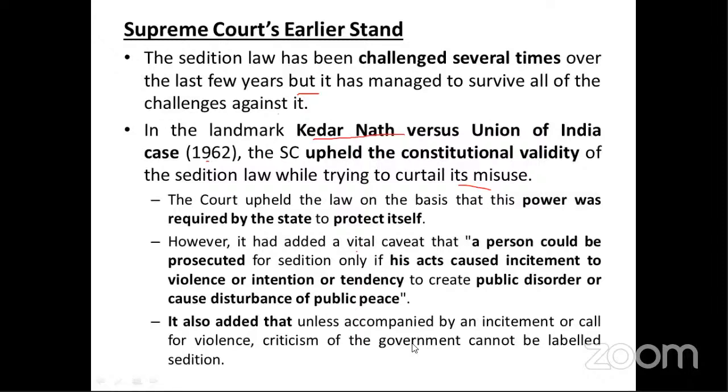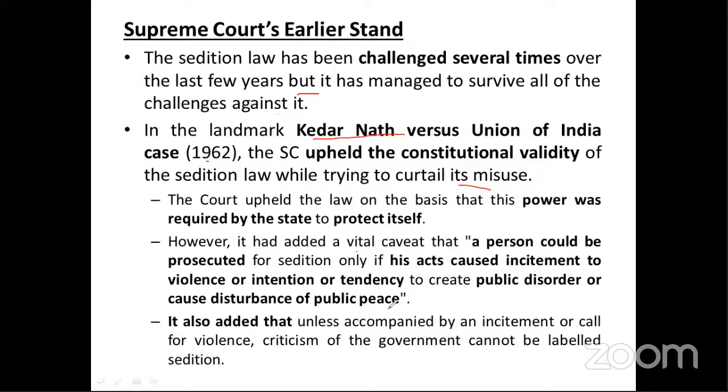It means that if a spoken word, writing, symbol, or any other means creates a situation where violence has started or is likely to start, then in such a case the person must be prosecuted.